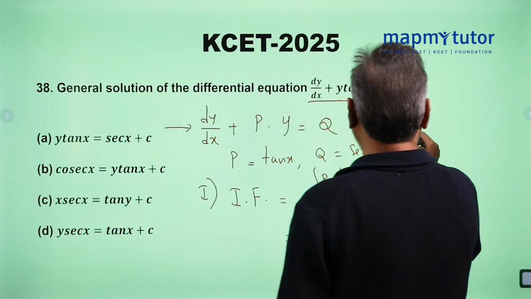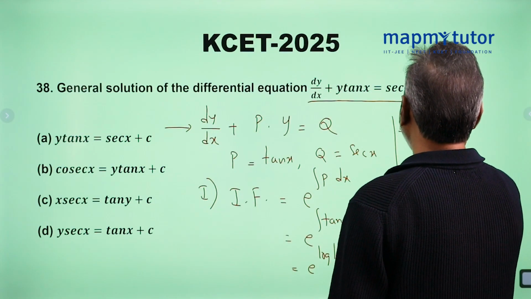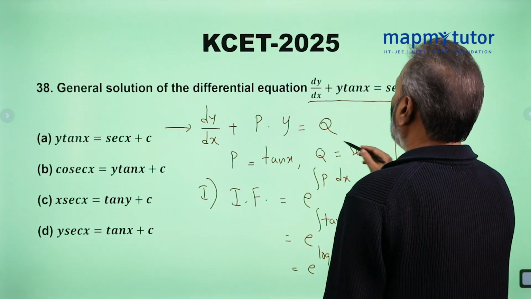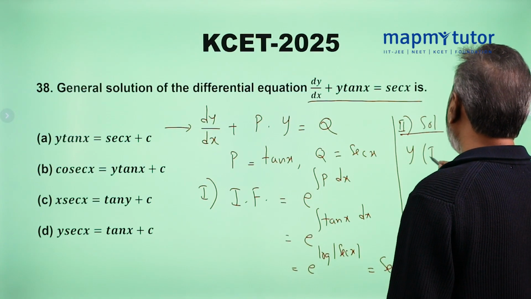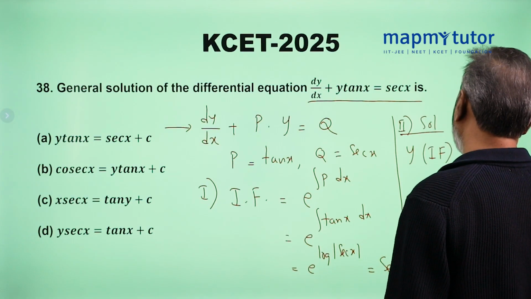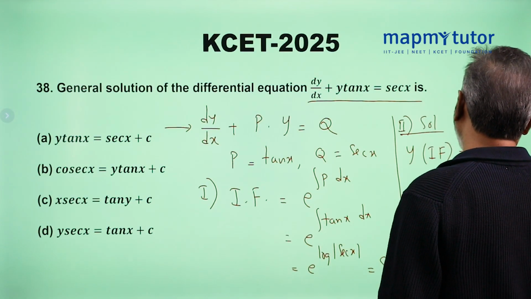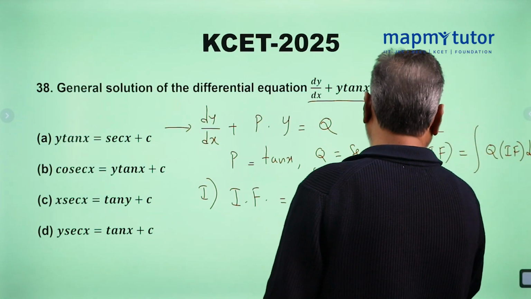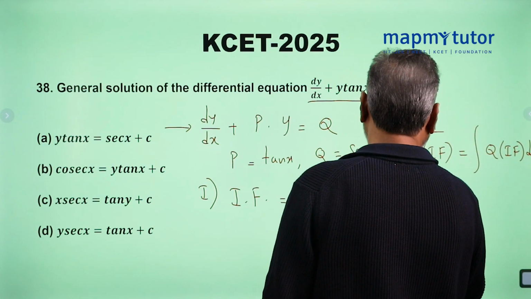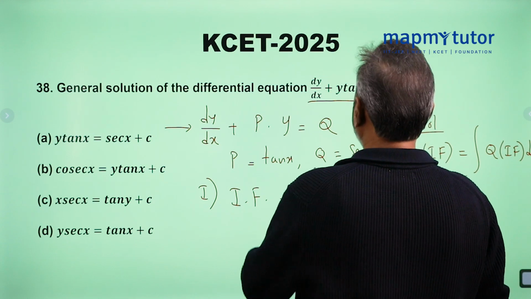And now, second stage, I can write the solution part. What is the solution? Because it is a linear equation in y, the solution is y into IF, means integrating factor, equal to integral of q into IF. And therefore it is y into secant x equal to integral of, what is q here?